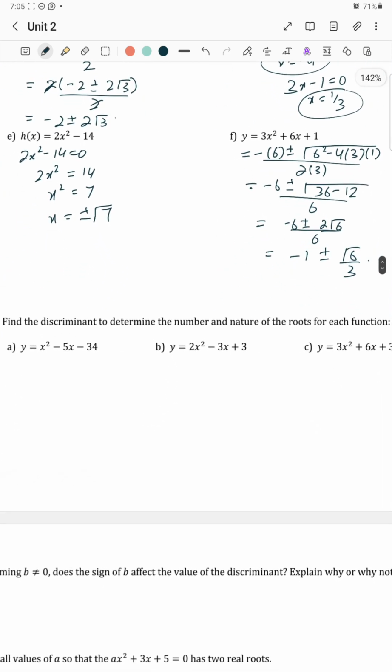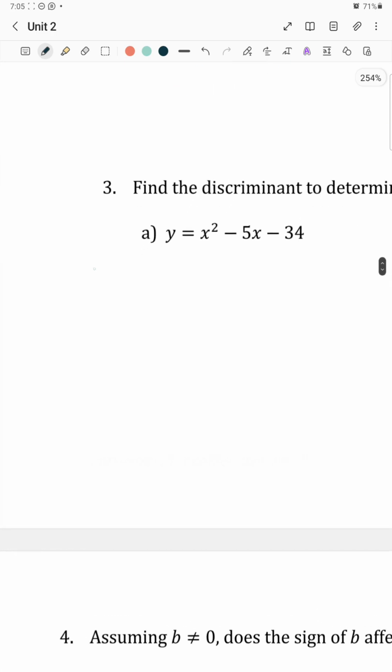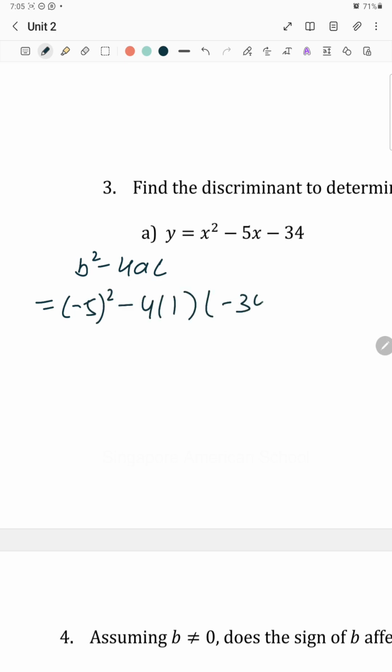Find the discriminant to determine the number and nature of roots for each function. So very easy, just go for the discriminant. B squared minus 4ac, which can be equal to minus 5 squared minus 4ac, 25 plus, is equal to 161.